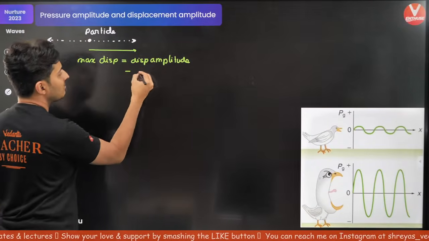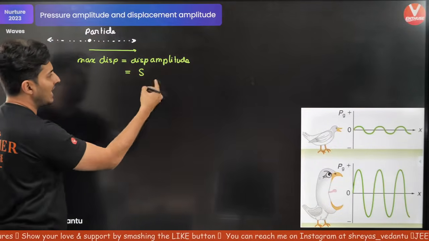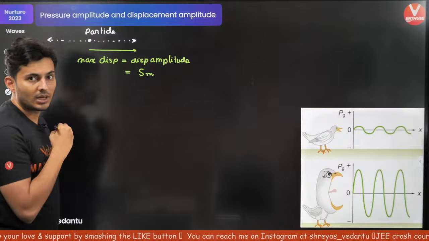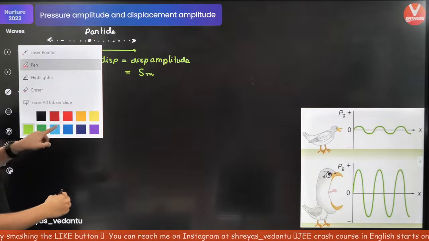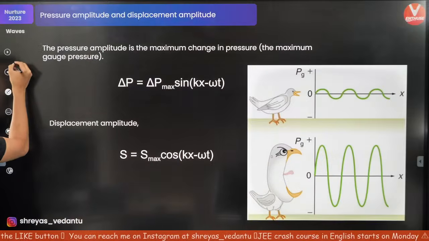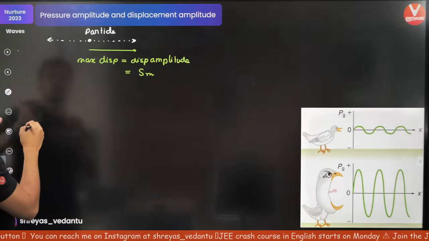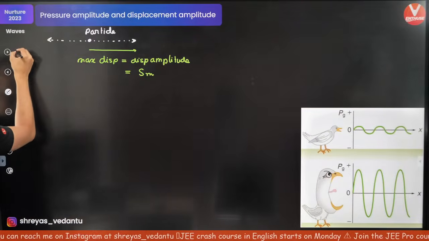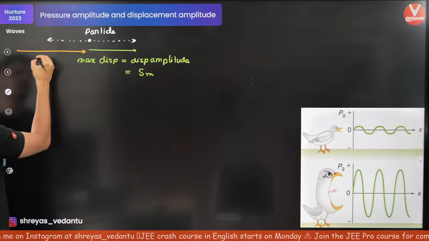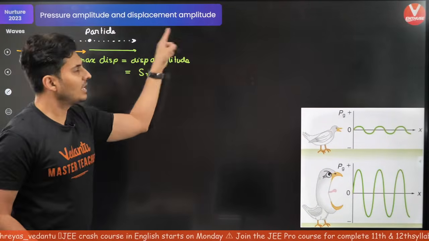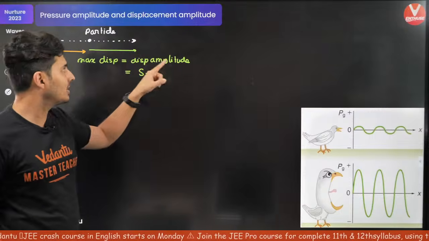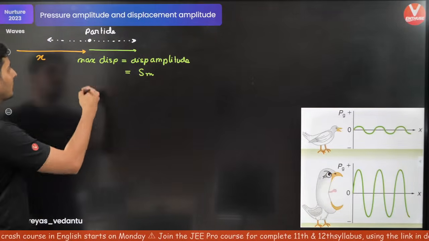And the symbol for displacement is S, and because it is the max displacement, I will call it SM, max displacement of the particle. This particle is probably at some position x. If I go to some other x, there will be some other particle performing SHM, and so on and so forth.